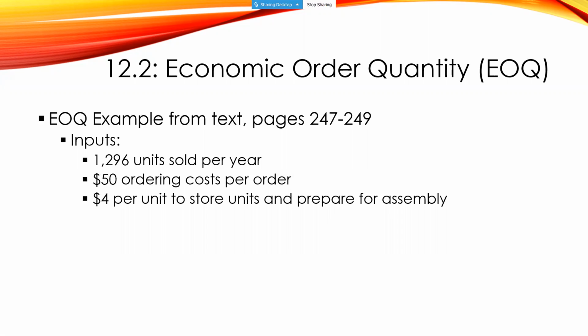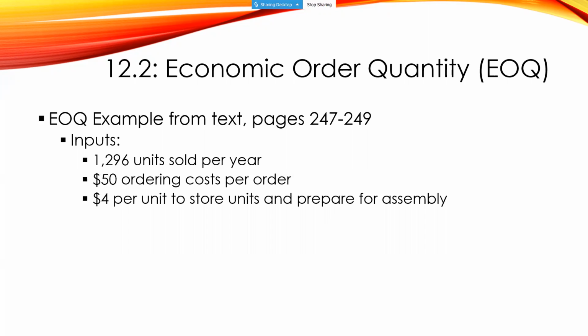So this company pulled from its inventory records that it sold 1,296 units last year, and it costs the company $50 in ordering costs every time it orders. So you don't want to have to place too many orders, or that $50 is going to really add up.